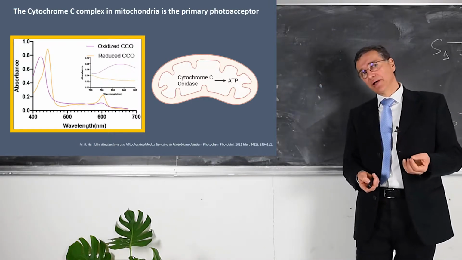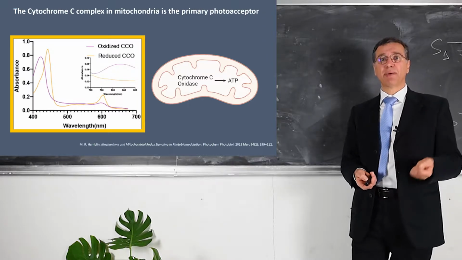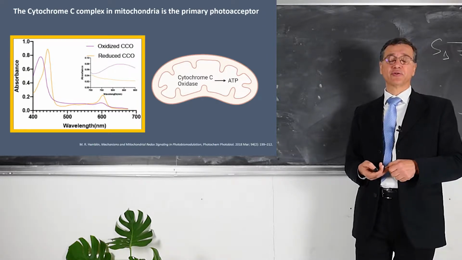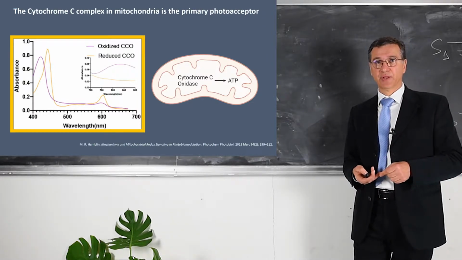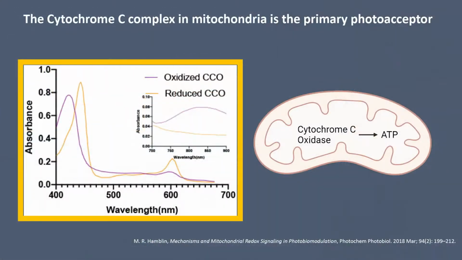Why? Because the main component of photobiomodulation is the cytochrome C complex. If you look at the absorption spectra of the cytochrome C complex, you see that it has two main peaks of absorption, one around 420 nanometers and the other one around 600.